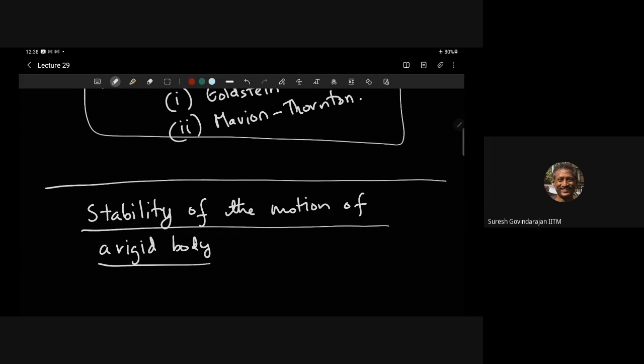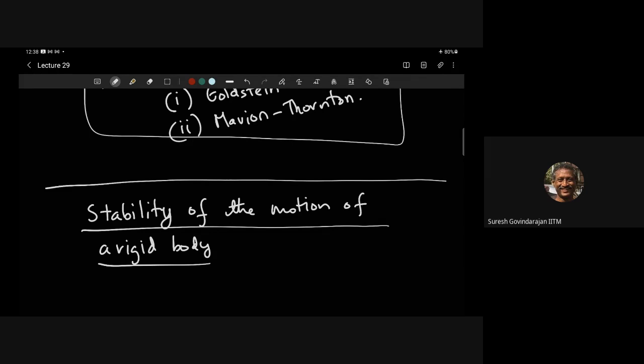So right now, for instance, we considered two examples. One was the free symmetric object, with no torque acting, and one was the situation in the presence of gravity, where there was a torque. So we saw two different things.